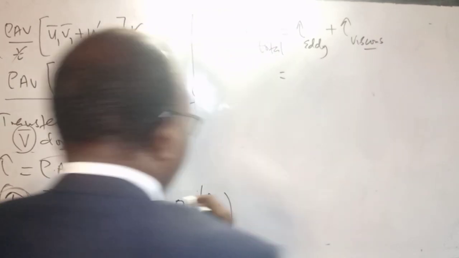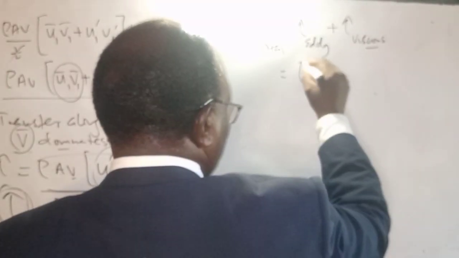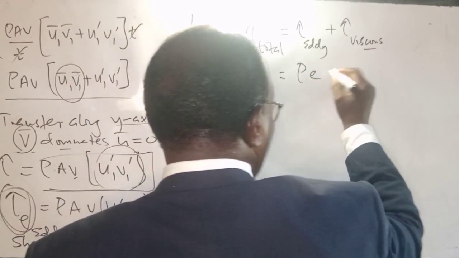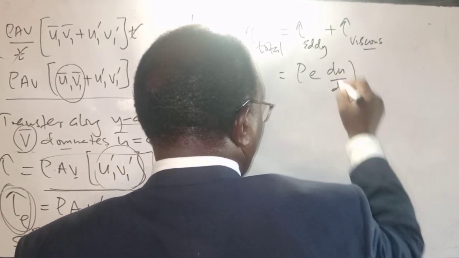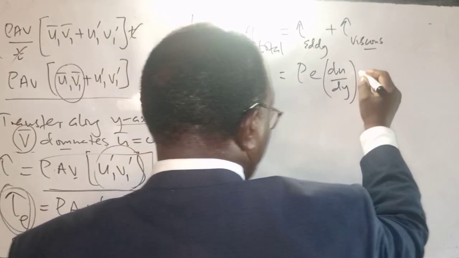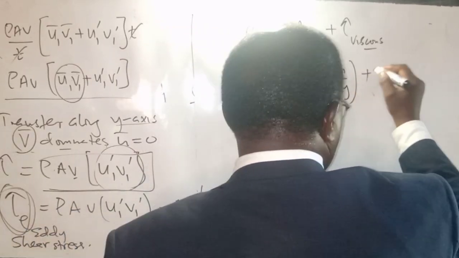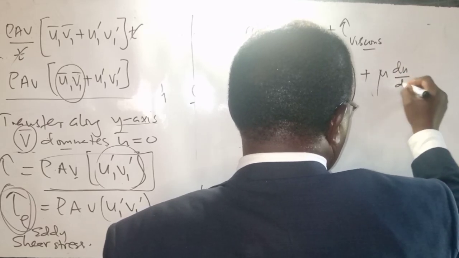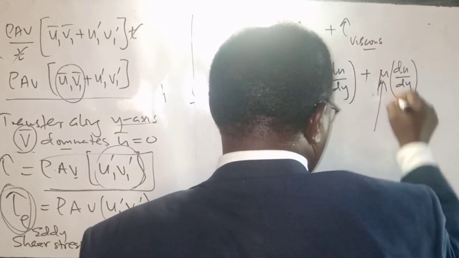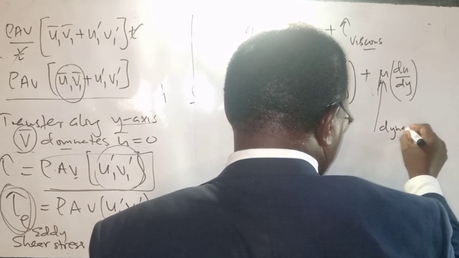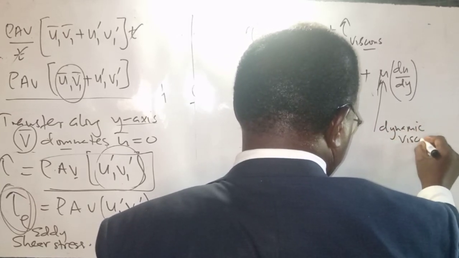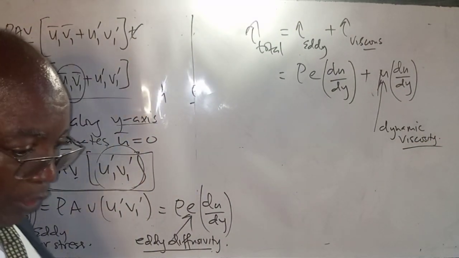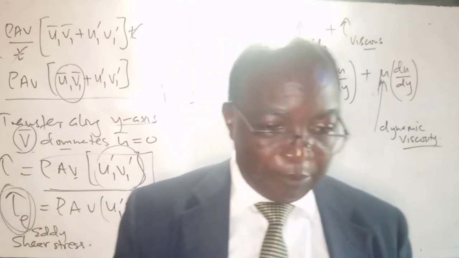So the total shear stress is the eddy shear stress plus mu du/dy, not forgetting that mu is the dynamic viscosity.